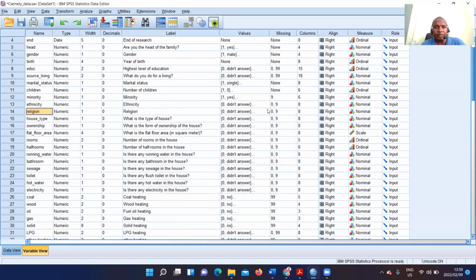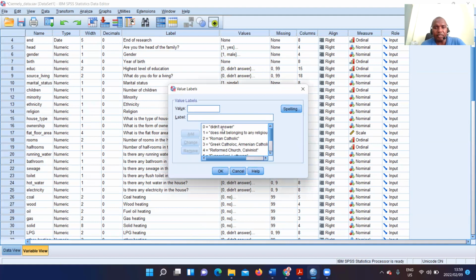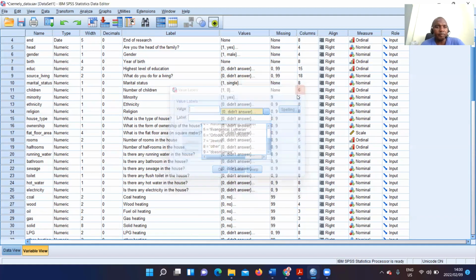And then religion, didn't answer, does not belong to any religious grouping or denomination, Roman Catholic, Greek Catholic, Armenian Catholic, Reformed Church or Calvinist, Evangelical Lutheran, Orthodox, Greek Orthodox, Jewish, and so on.